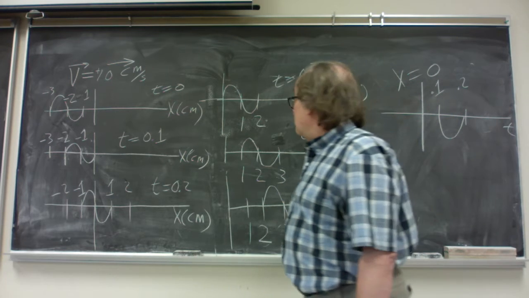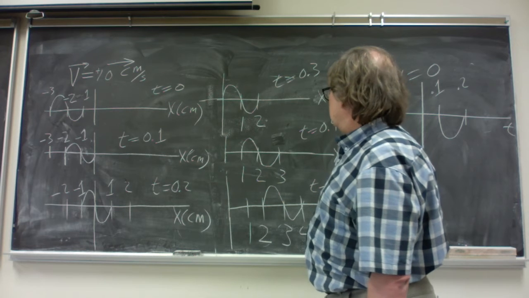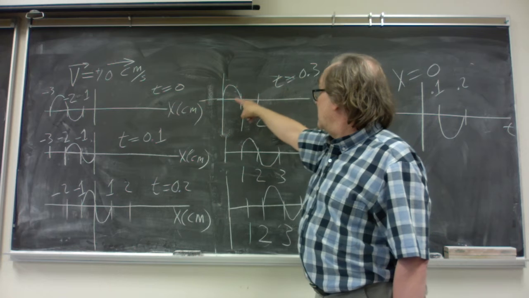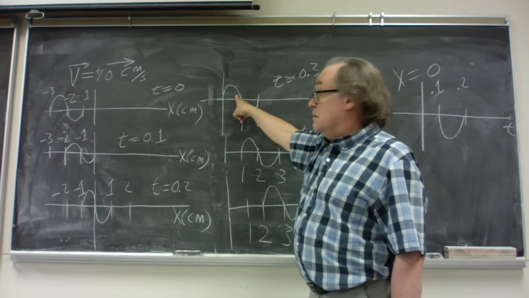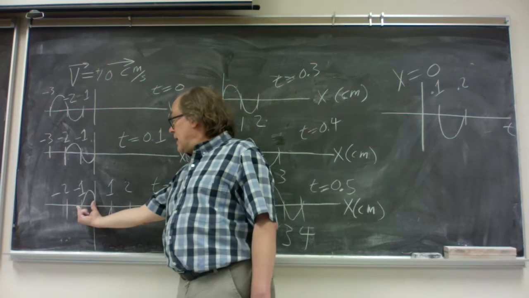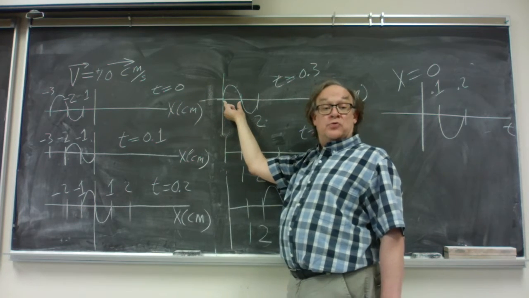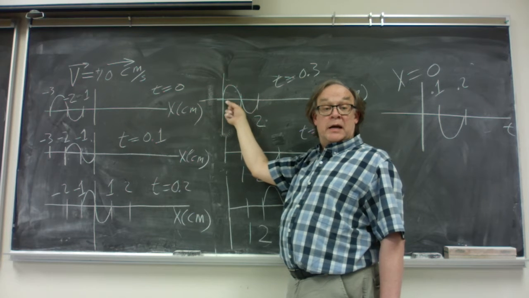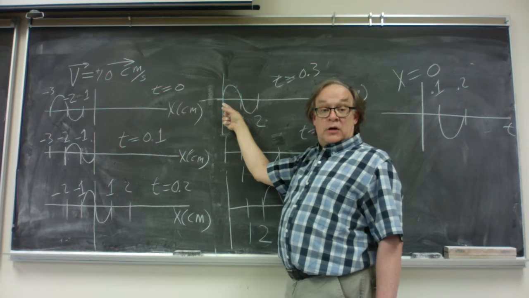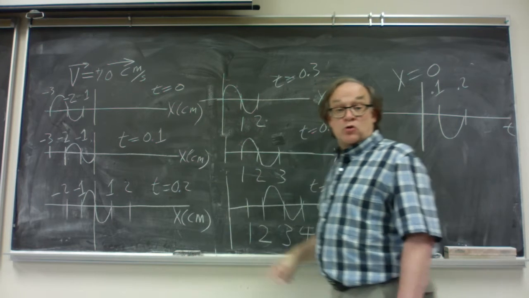And then at 3/10 of a second, the back half, between 2/10 of a second and 3/10 of a second, the back half of the pulse has passed through the x equals 0 point, so that at 3/10 of a second, the very back edge of the pulse is just leaving the x equals 0 point.